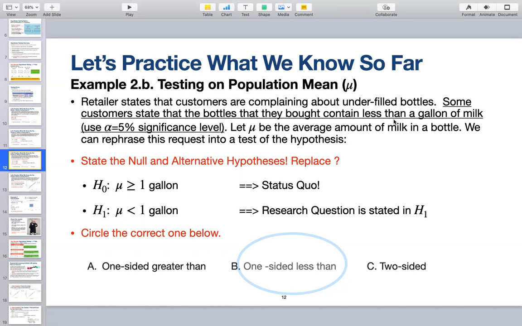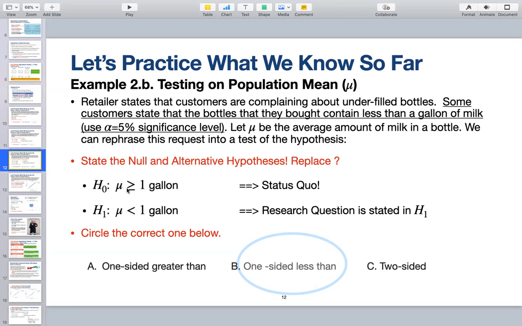And H1, the alternative hypothesis, is constructed like this. Mu represents the average amount of milk in a bottle, and the customers are suggesting that it is less than a gallon. We put this situation in the alternative, and we put the opposite, the greater than or equal to symbol, in the null hypothesis statement, just to cover all ranges of possibilities.